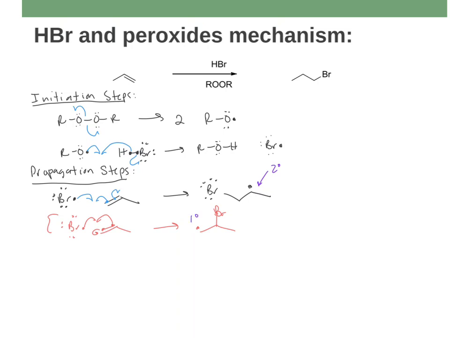That's a primary radical versus a secondary radical. We know that secondary radicals are more stable, which is why the bromine adds to the less substituted carbon, not the more. So I'll put not seen, and I'll say up here, forms the more stable radical.